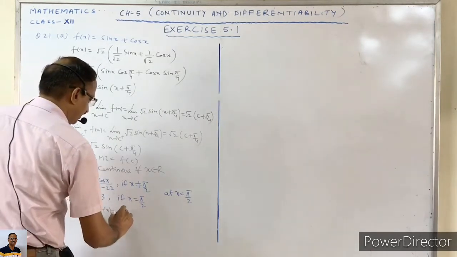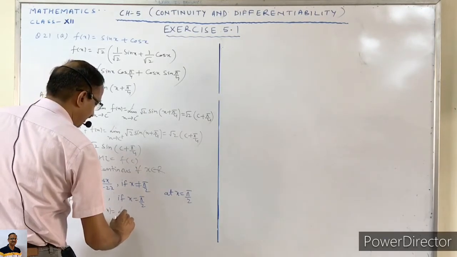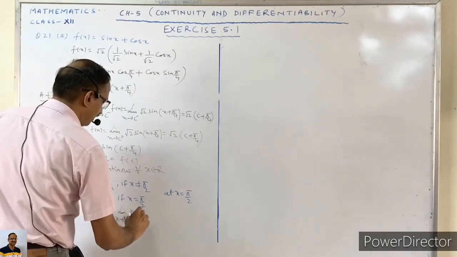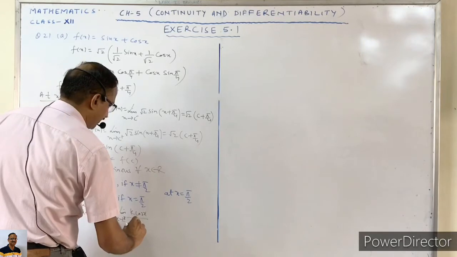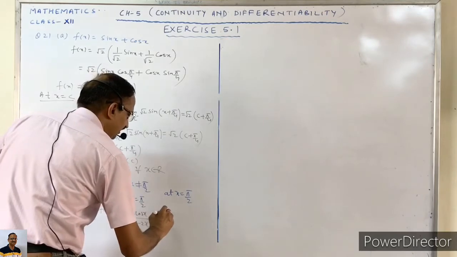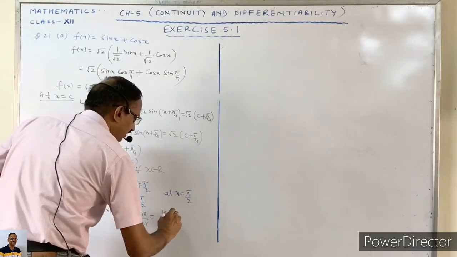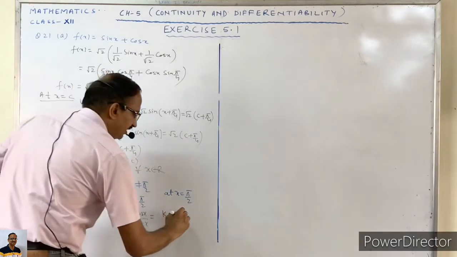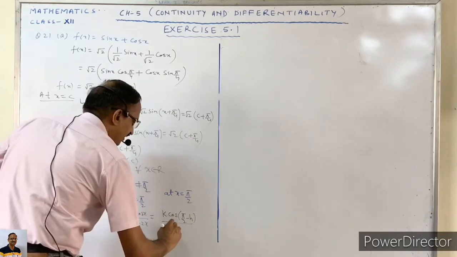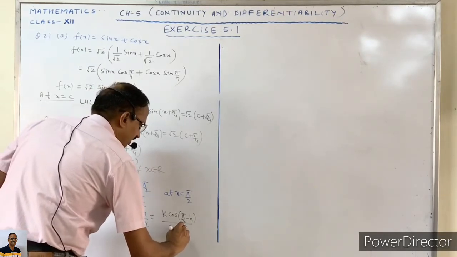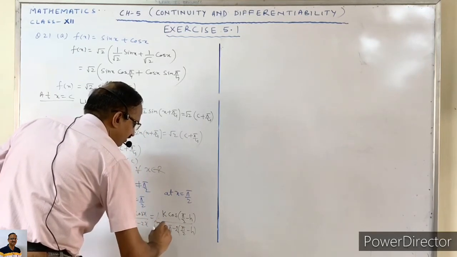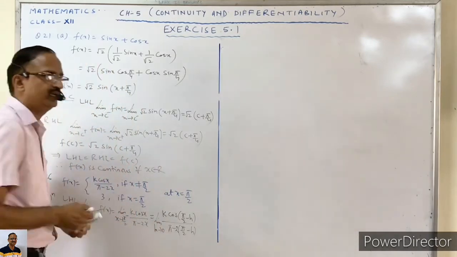So we will write limit x tends to pi by 2 minus, and the function is k cos x by pi minus 2x. So in place of x we can write pi by 2 minus h, and here also pi minus 2 times (pi by 2 minus h), and limit h tends to 0. So we are using h.